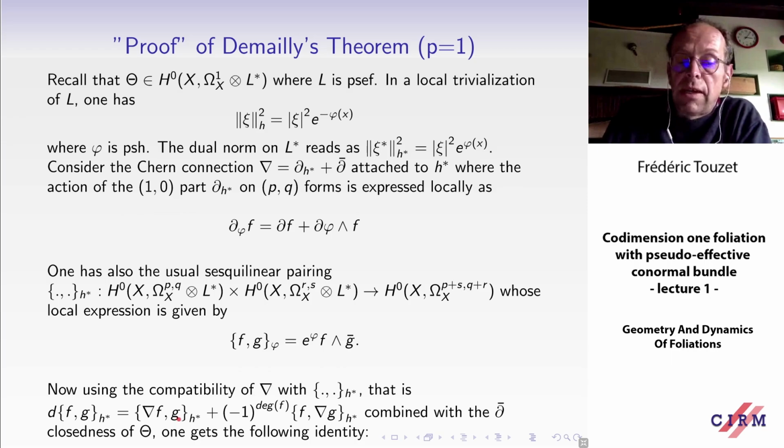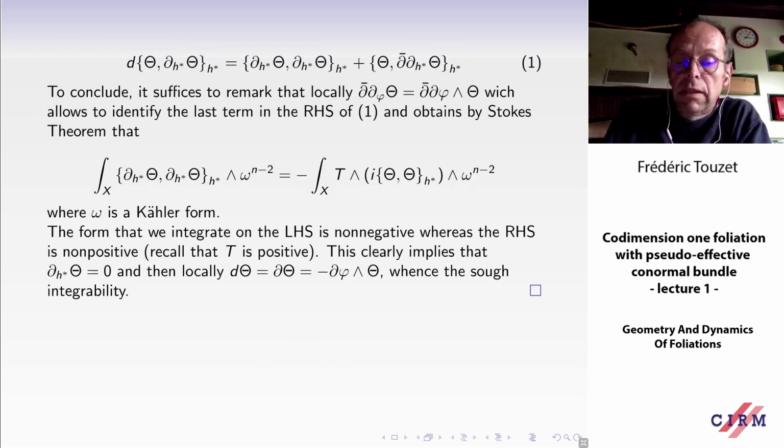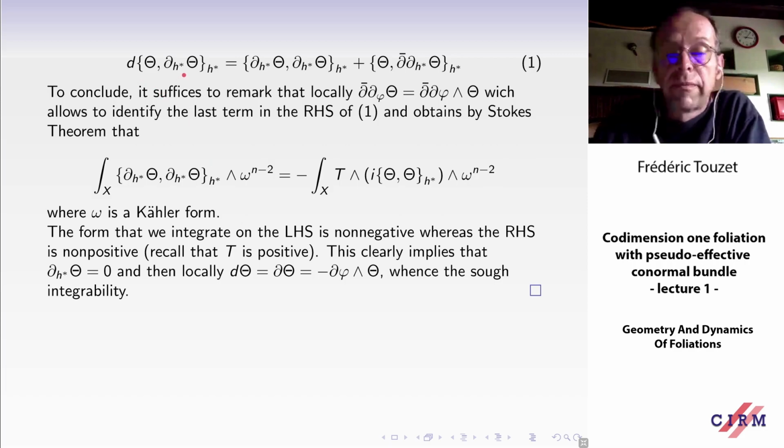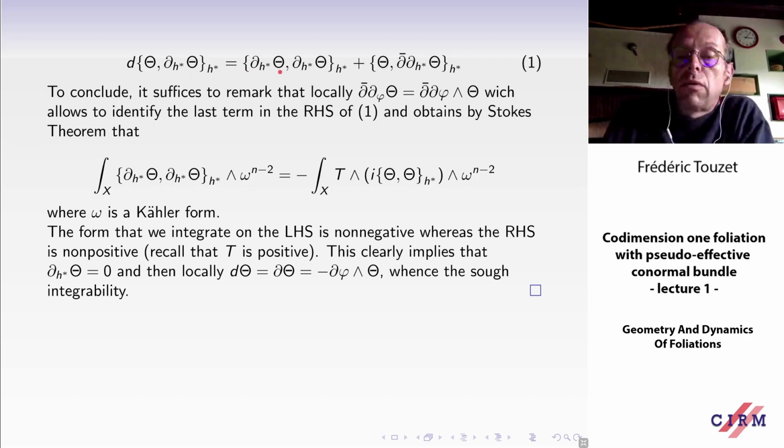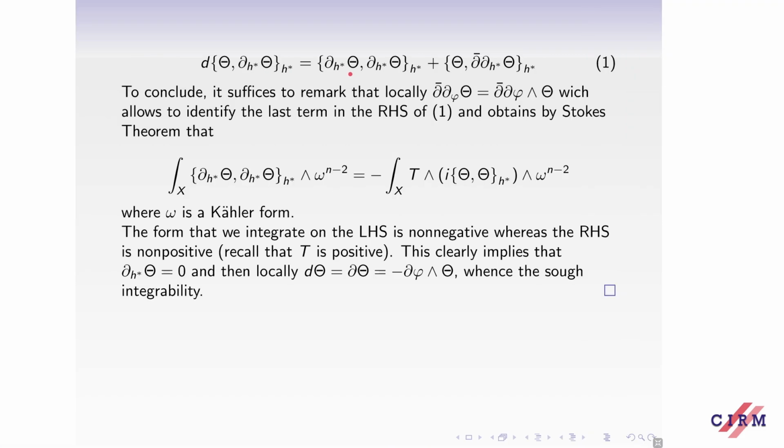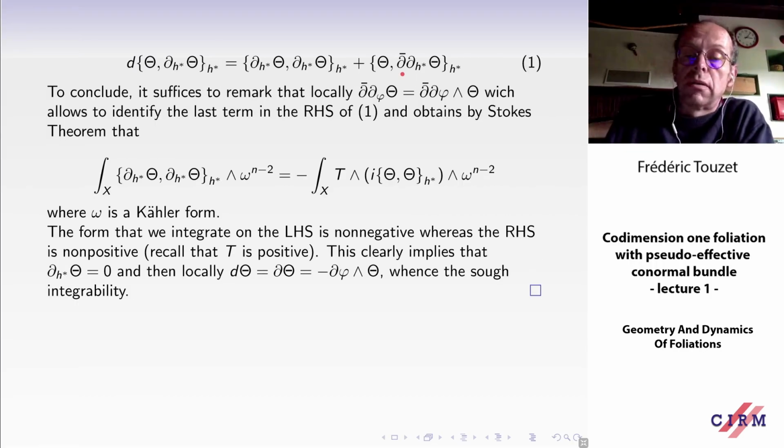So from this identity, one can derive the following: the differential of something between braces is equal to the pairing of the form D_H star theta with itself, so it gives rise to a positive form, plus the terms between braces involving the curvature of H star.